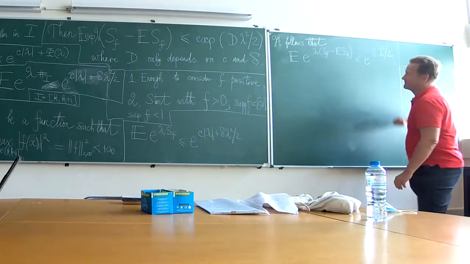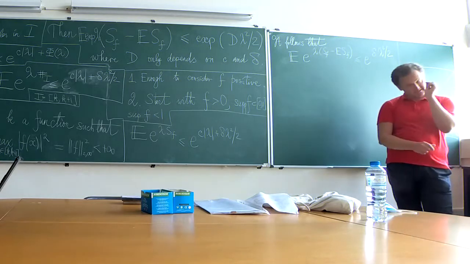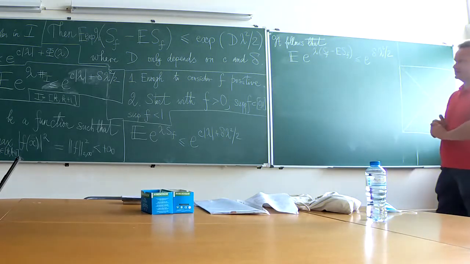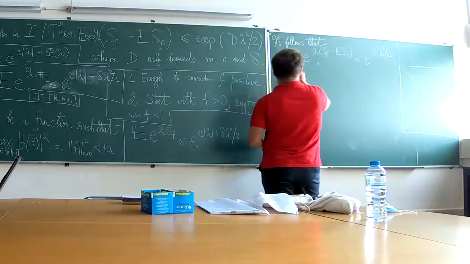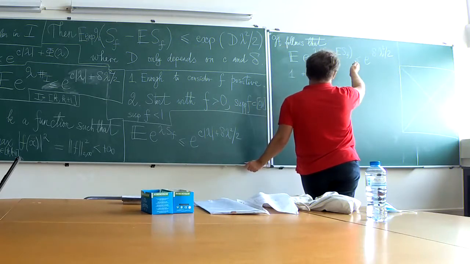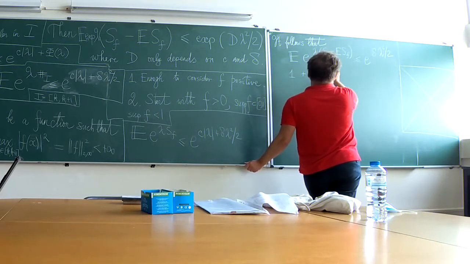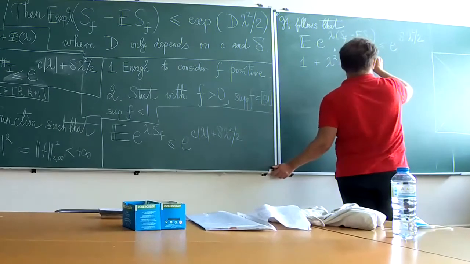Okay, so why? There is a little subtlety here. In fact, we can write this expectation as 1 plus, in Fourier space, lambda squared times this very expectation for some intermediate nu. That's it.